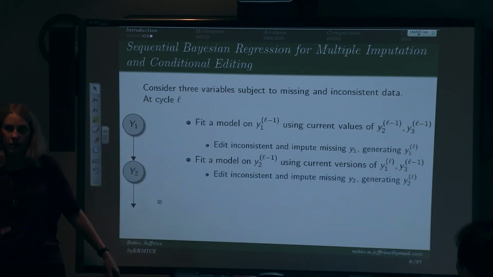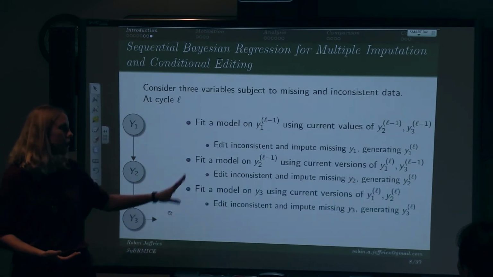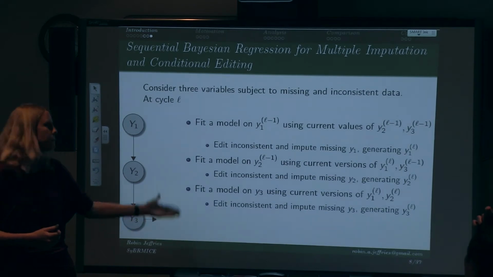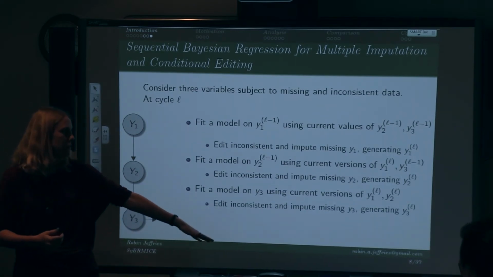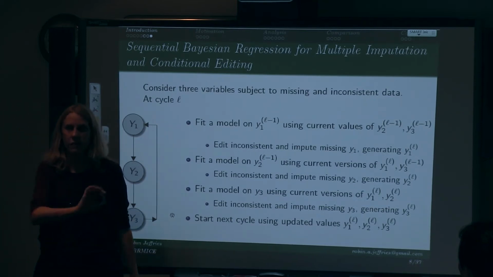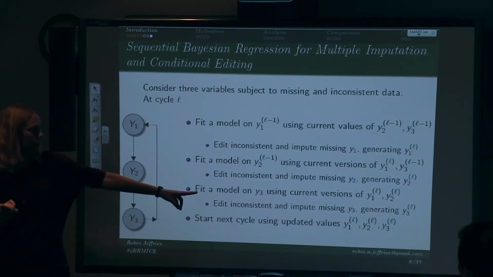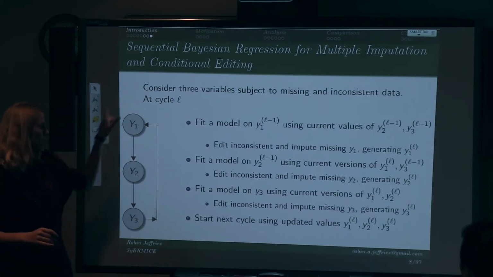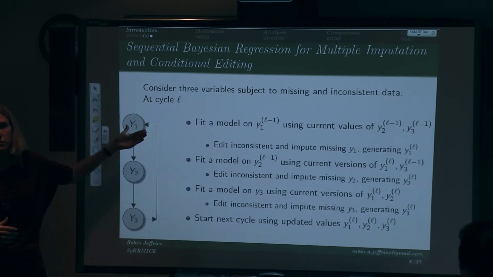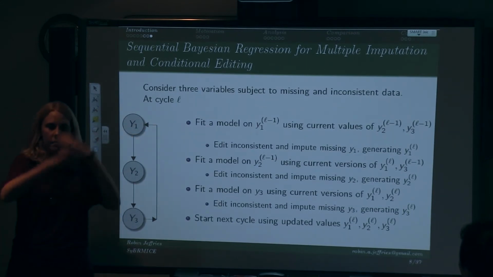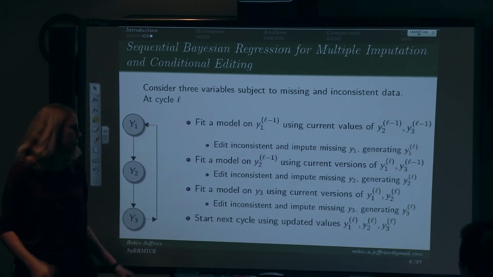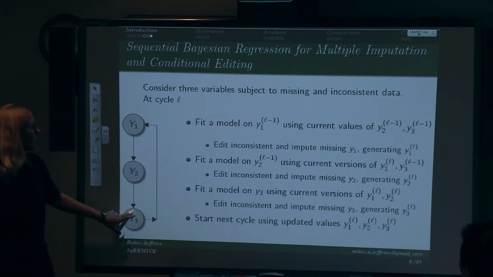Perform editing and imputation models on Y2, generating an updated vector of Y2, do the same thing for Y3, edit the inconsistent, impute the missing Y3, and then now we have a full set of complete and consistent values for each of the variables, and we use that to restart the next loop. We're now on iteration, cycle L+1. So that's the bare bones basic idea behind the cyclical or sequential nature of this.